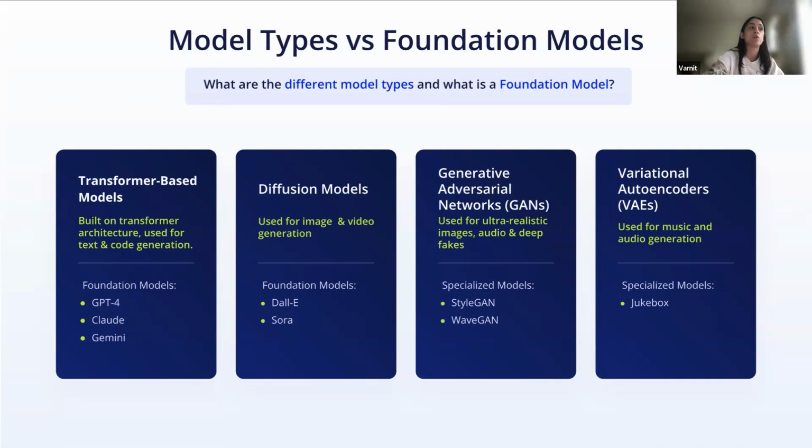This is the backbone for models like DALL-E and Sora. The other two types of models I personally have very little interaction with, and they're not super common right now in a standard tech company where you're building standard products. They're more specialized for ultra realistic images, audio, and deep fakes, or for music and audio generation.